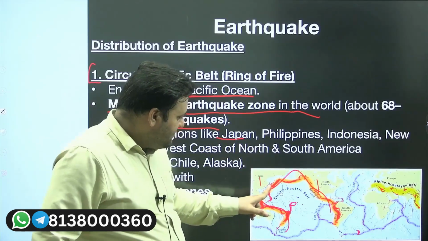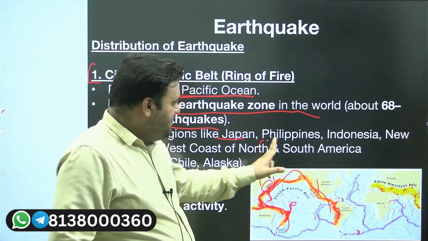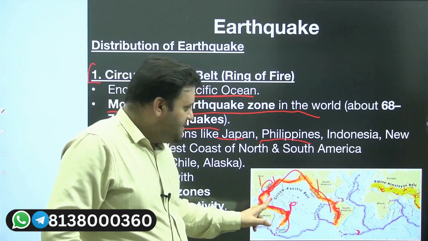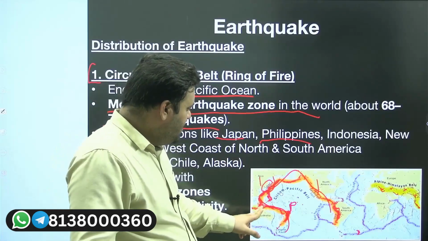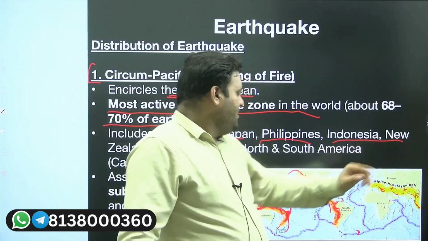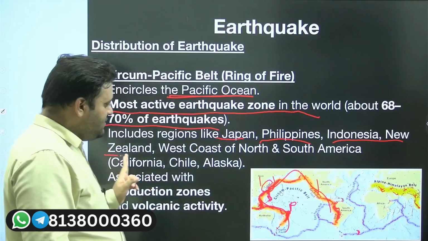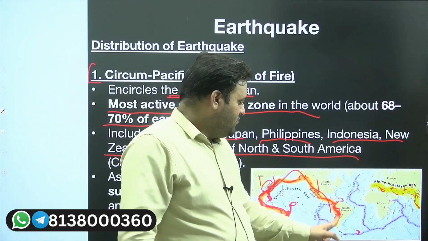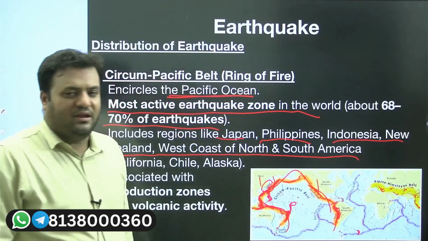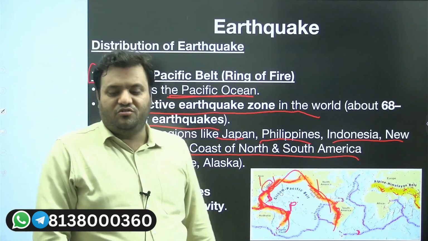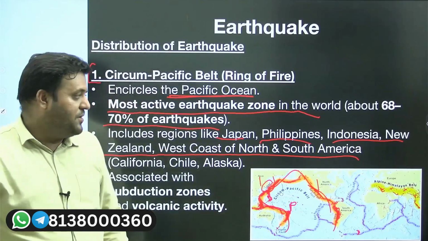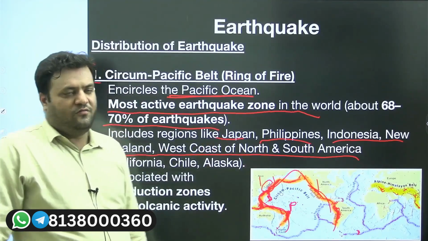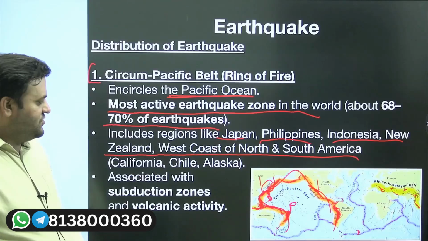The regions which are impacted because of this kind of plate activity: here you will see the Philippines, here you will see Asia. Then we have New Zealand, then we have the west coast of North and South America. These are the regions which are mostly affected because of this kind of earthquake distribution.